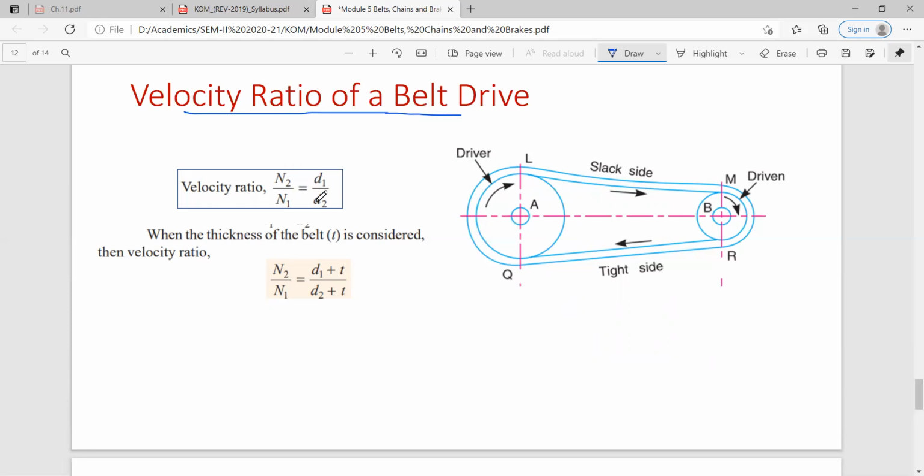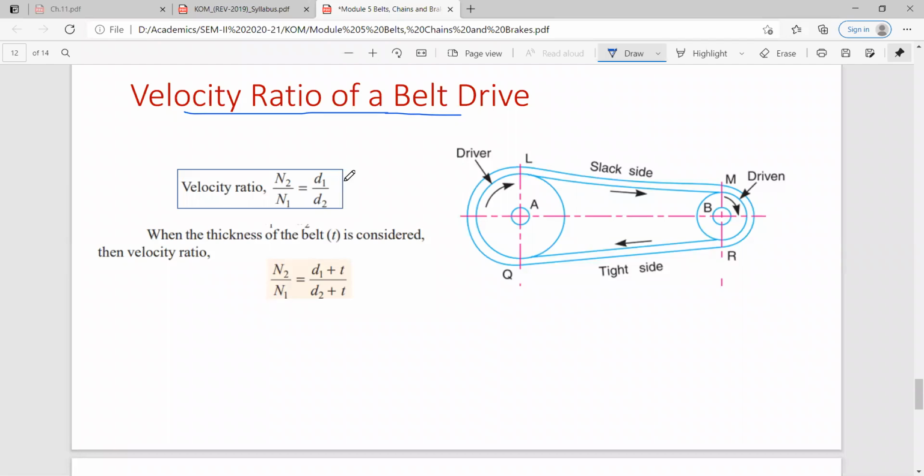to the diameter of the pulley. If the diameter is large, then definitely that pulley will rotate slowly. And if the diameter is small, the pulley will rotate with high speed. So velocity ratio can be written as N2 upon N1 is equal to D1 upon D2.